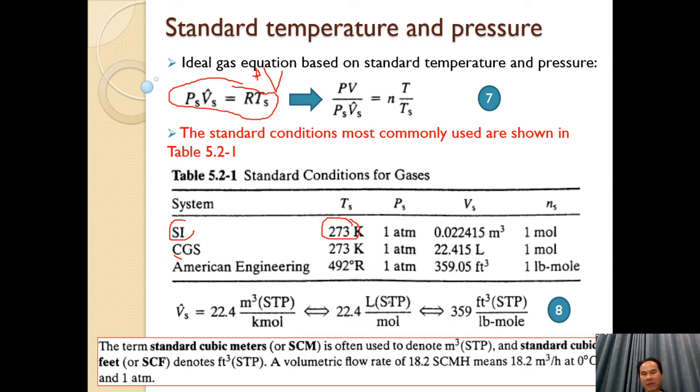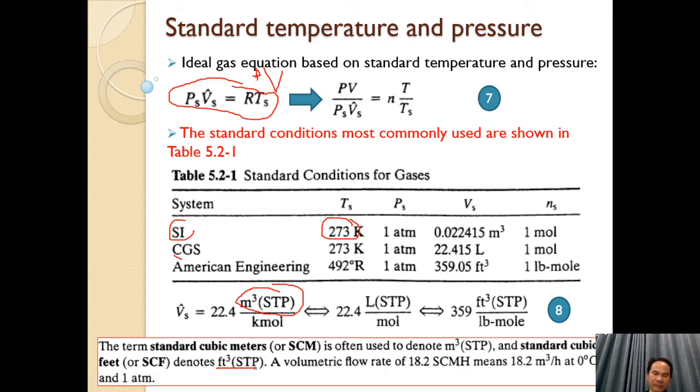So 22.4 liters at STP per mole equals 359.05 cubic feet per pound mole at STP. Sometimes we use the term SCM, standard cubic meter, denoted as cubic meter at STP, or SCF, standard cubic feet, denoted as cubic feet at STP.